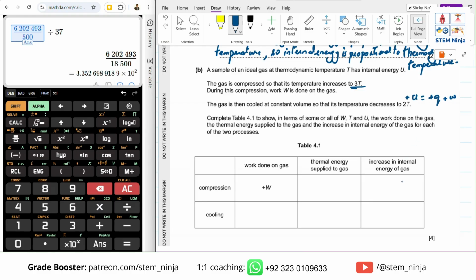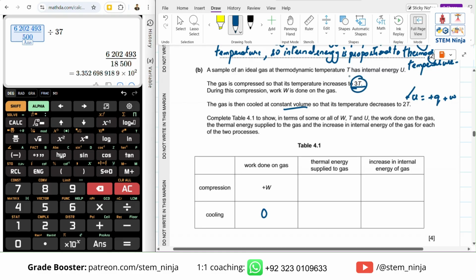Okay, so first off, what do we know from this? It already has internal energy U. The gas is compressed so that its temperature increases to 3T. Okay, so what else do we know? During this compression work is done; the gas is then cooled at constant volume. When it is done at constant volume, zero work is done on the gas. Right.